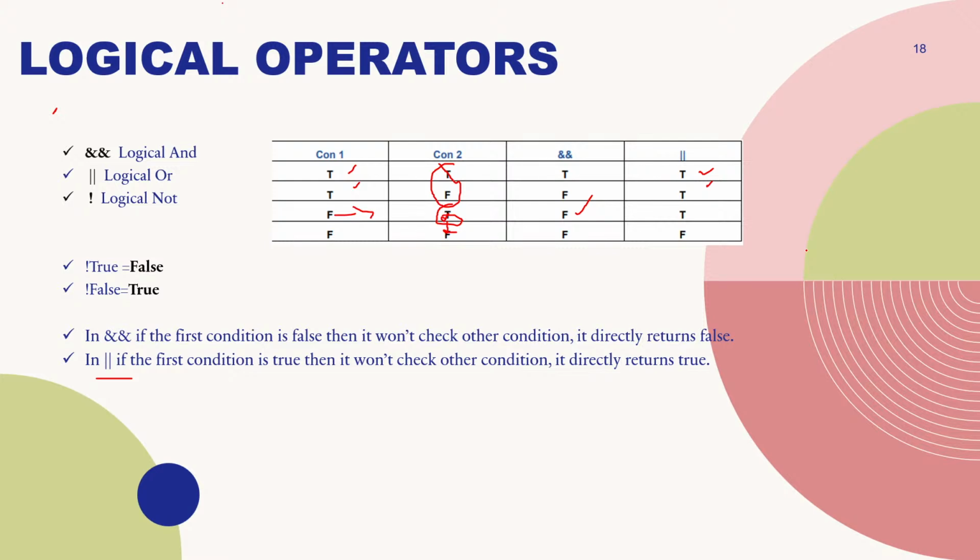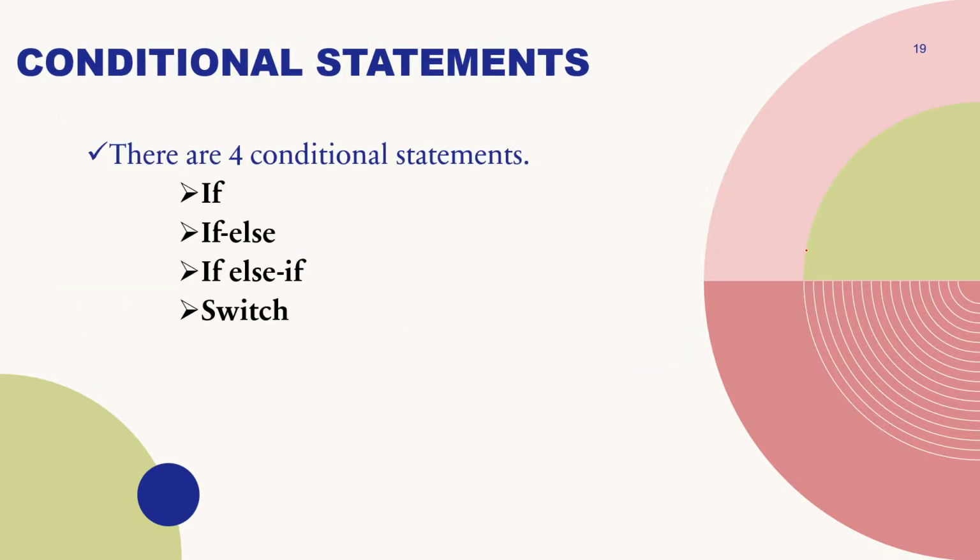Before explaining these topics, I need to explain one more, guys. That is called conditional operators. Because relational operators are also conditional operators, right? They will tell you the relation between two operands.